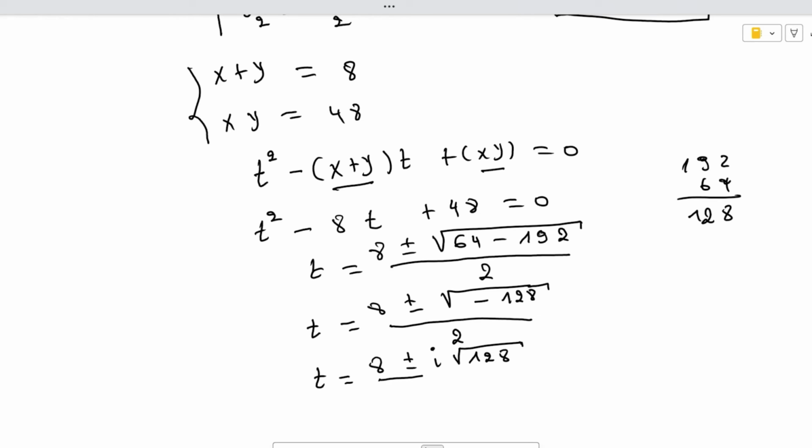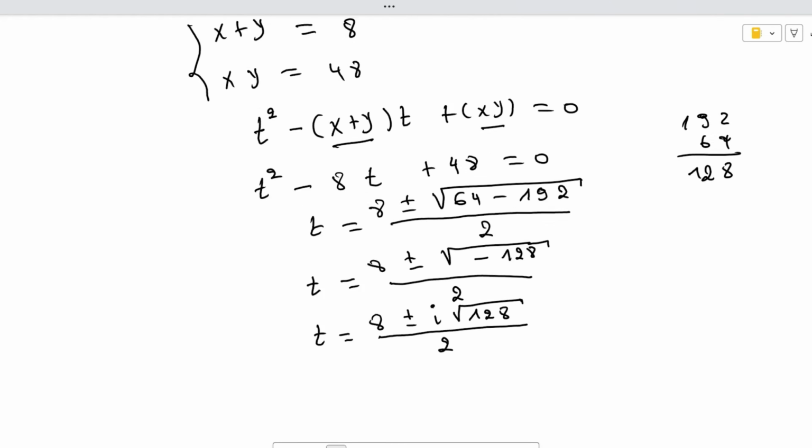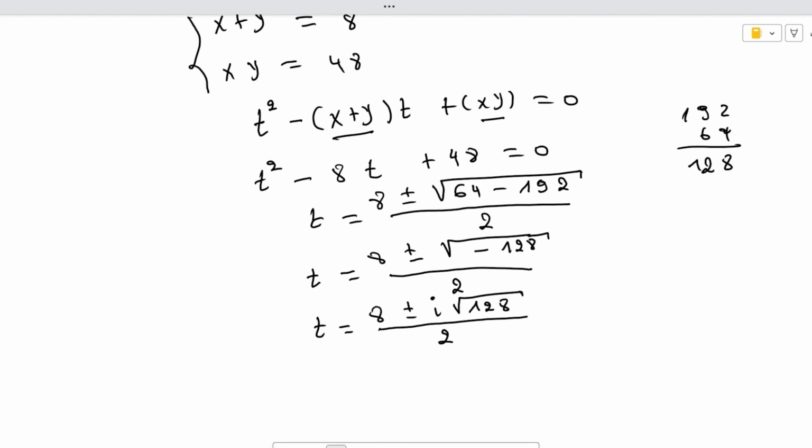And 128 is equal to what? Over 2. And we can try to simplify. 128 is equal to 64 times 2, right?